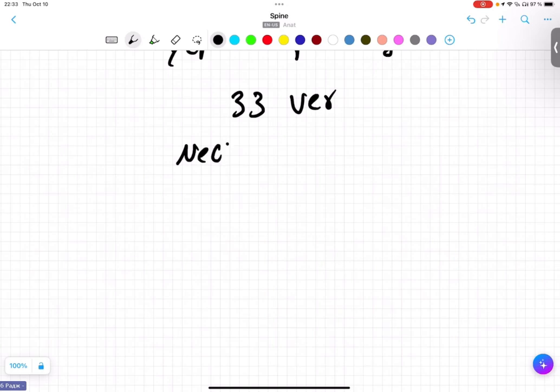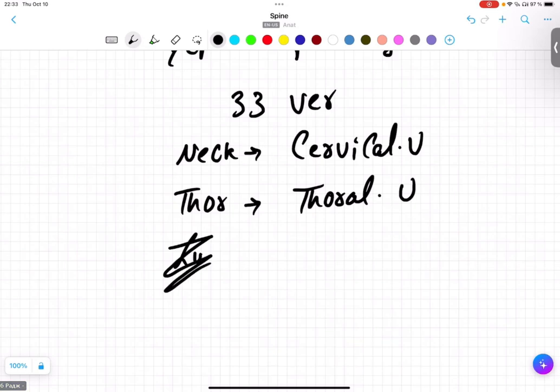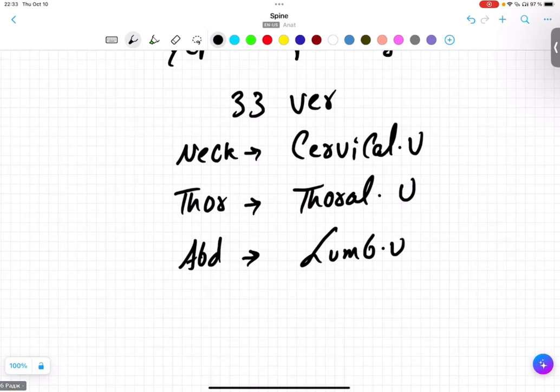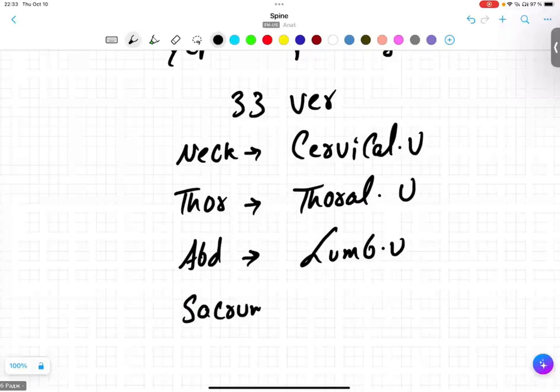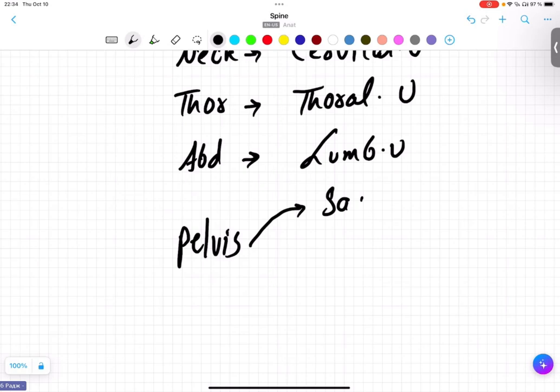You have vertebrae of the neck, known as cervical vertebrae, vertebrae of the thorax, thoracic vertebrae, vertebrae of the abdomen, or lumbar vertebrae, and vertebrae of the pelvis, known as sacrum plus coccygeal. मैंने ये क्यों लिख दिया ऐसे? Pelvis, sacrum plus coccygeal.